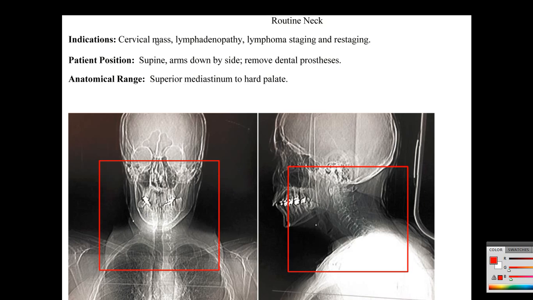If you'll notice, the anatomical range is kind of reversed, and that means that typically how we're going to be scanning is from the mediastinum up. And so our scan is going to be going reverse to what we would typically think about.